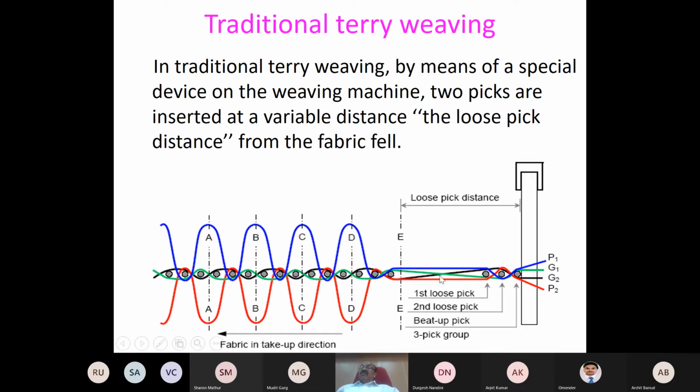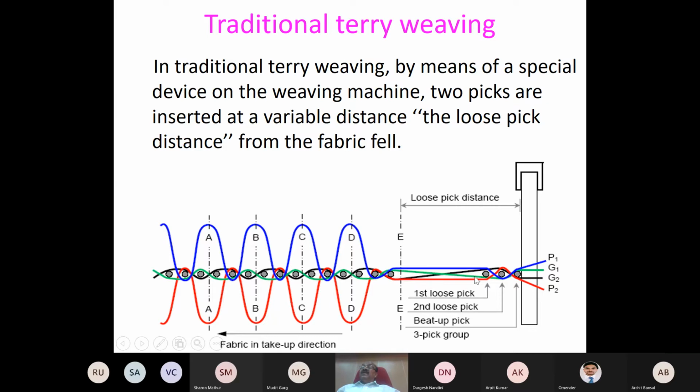Whereas the ground warp in this diagram, which is shown as green and black, the beam which contains these yarns remains under very high tension. That means when beat-up takes place, the yarn remains straight.